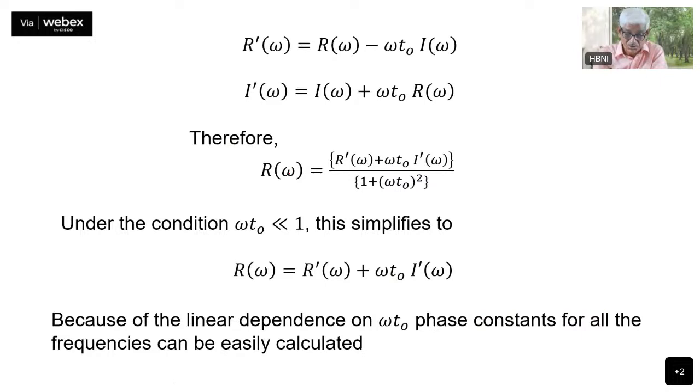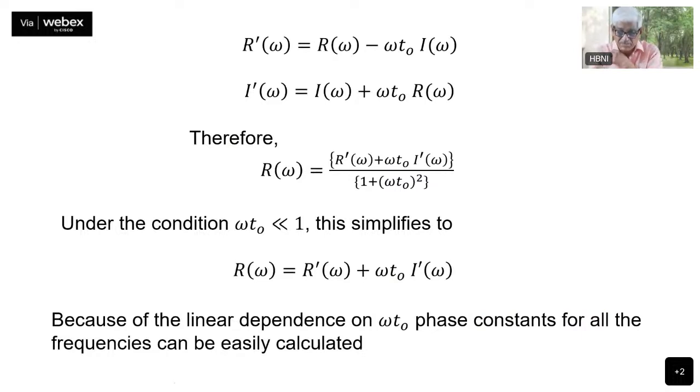So therefore, R omega is equal to R dash omega plus omega t naught I dash omega divided by 1 plus (omega t naught) whole square. Under the condition (omega t naught) square is much less than 1, we can ignore this in the denominator. So we can simply say the denominator is equal to 1, because this number is very small.